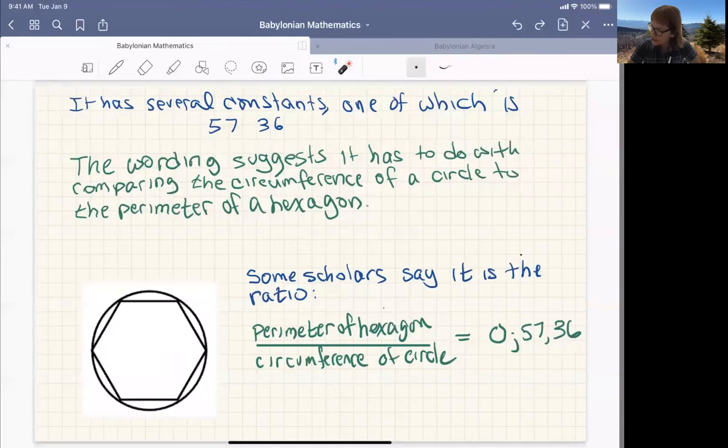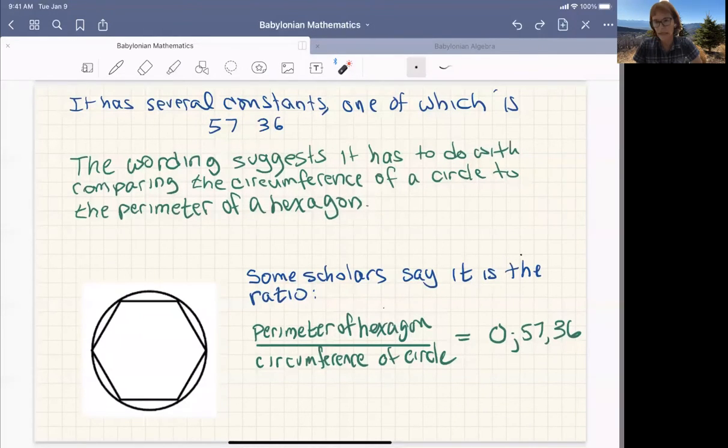So the scholars are suggesting that this number right here is the following ratio. If you take the perimeter of the hexagon divided by the circumference of the circle, you get a number that's slightly less than 1.